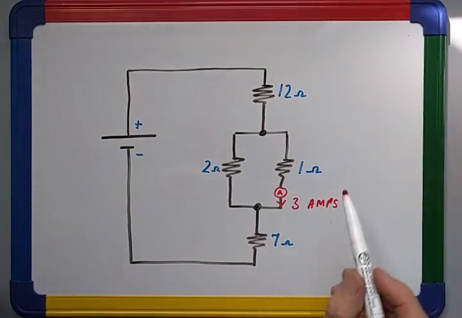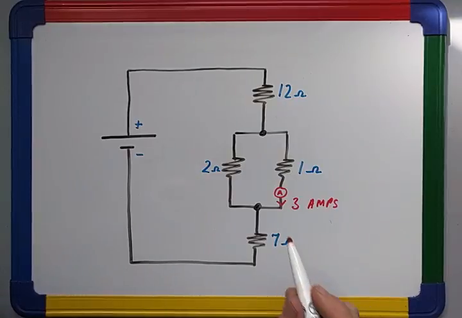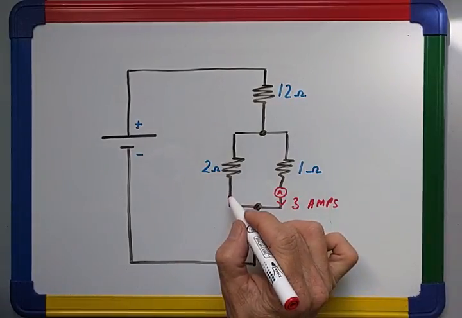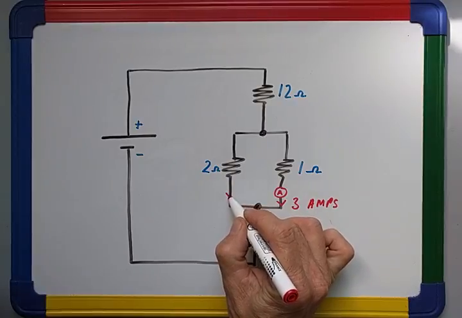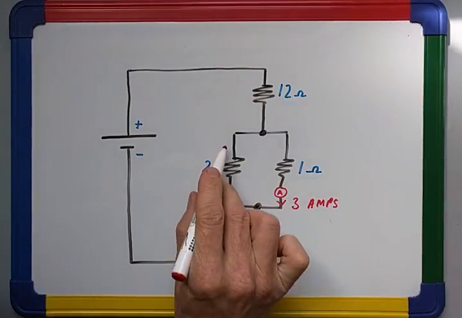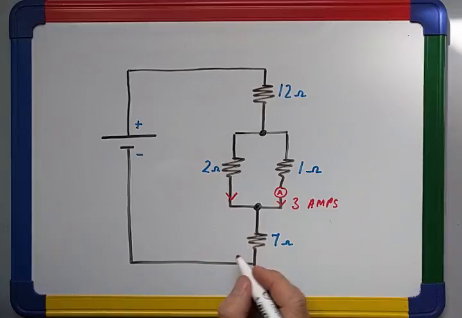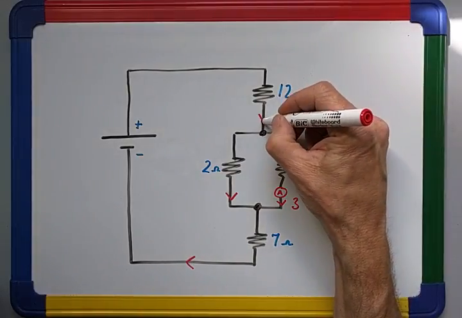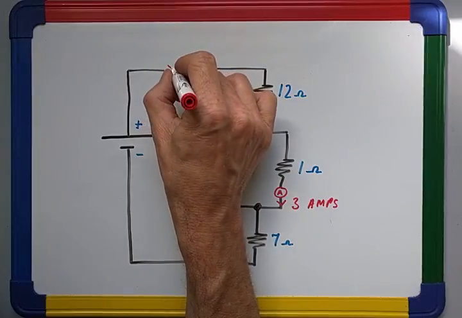Now, just knowing that one value, we should be able to work out, with what we've learned so far in lessons 1, 2 and 3, the flow rate down through this resistor, and the flow rate here, and here, and here.